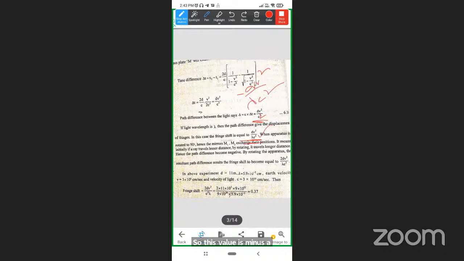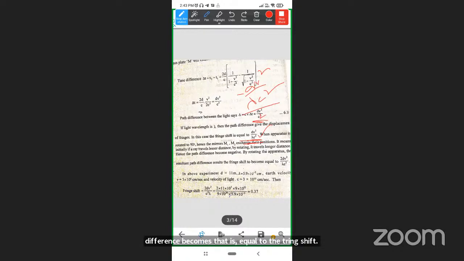This earlier one is the positive value, and when the mirror positions are changed by 90 degrees, that value becomes negative. So by rotating the apparatus, the resultant path difference gives the fringe shift.